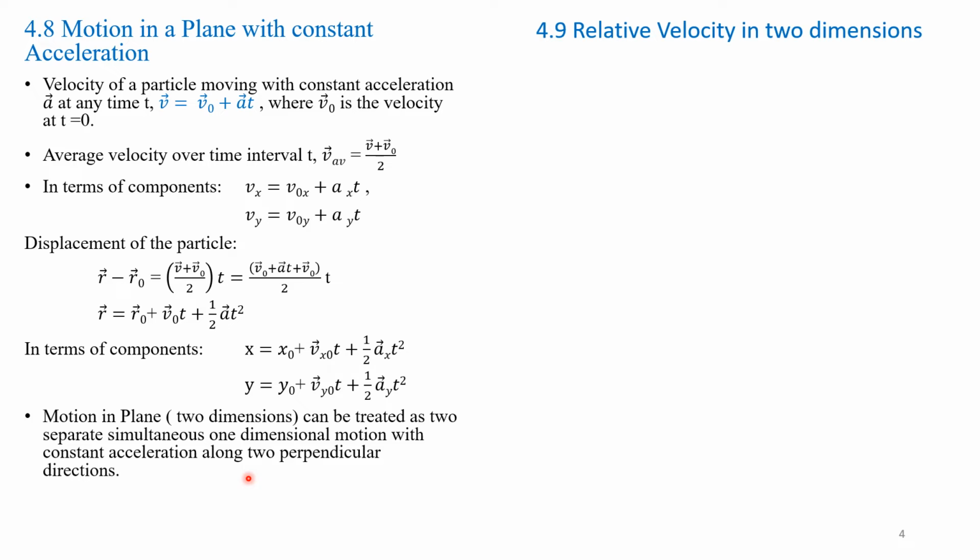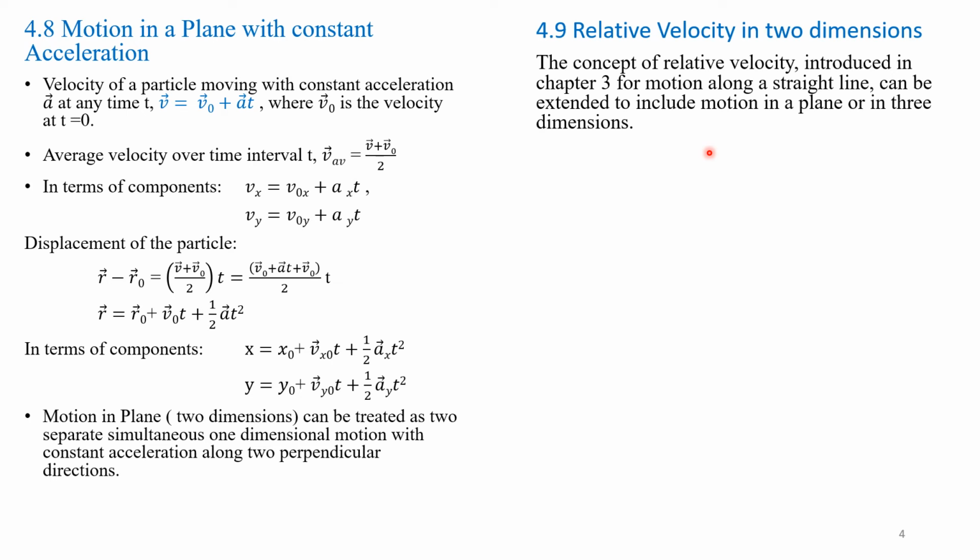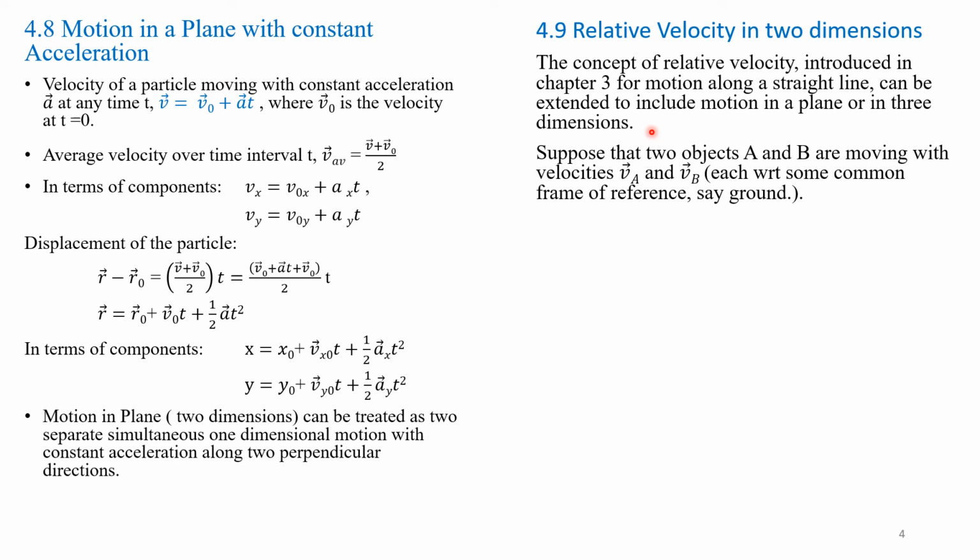Next section is 4.9, relative velocity in two dimensions. The concept of relative velocity was introduced in chapter number 3 for motion along a straight line. This can also be extended to include motion in a plane, that is two-dimensional, or in three dimensions, that is in space.